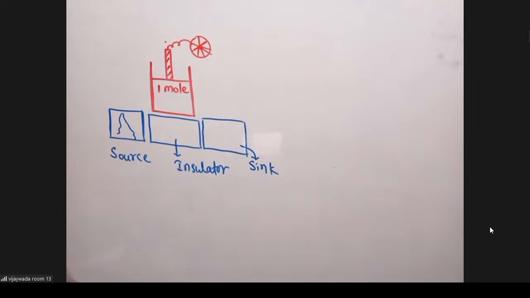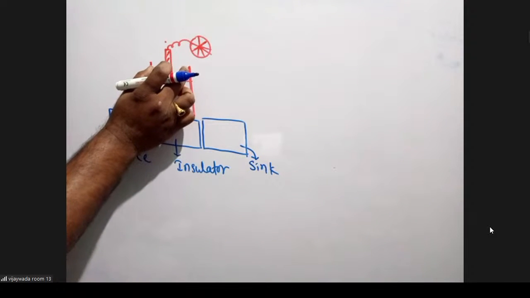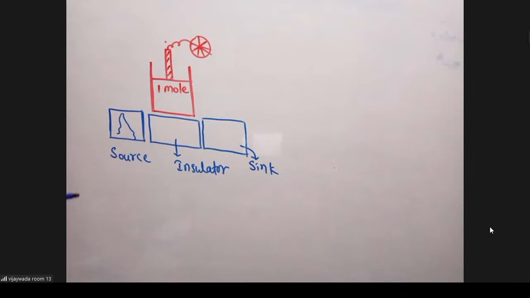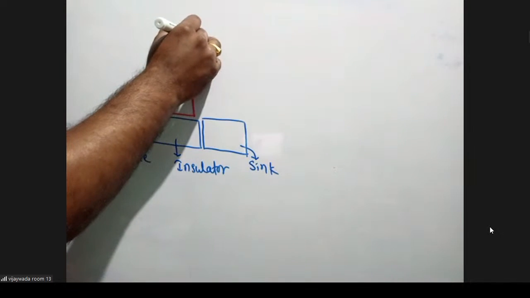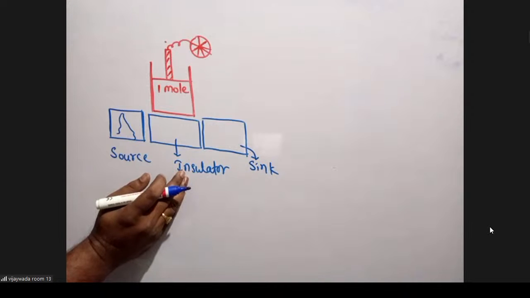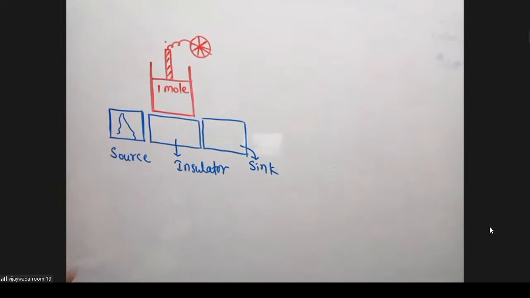That is an adiabatic process. Adiabatic reversible expansion takes place, the temperature falls, and the piston moves to a higher level because expansion takes place. When gas expands in an adiabatic process, temperature falls. Again, the wheel rotates.